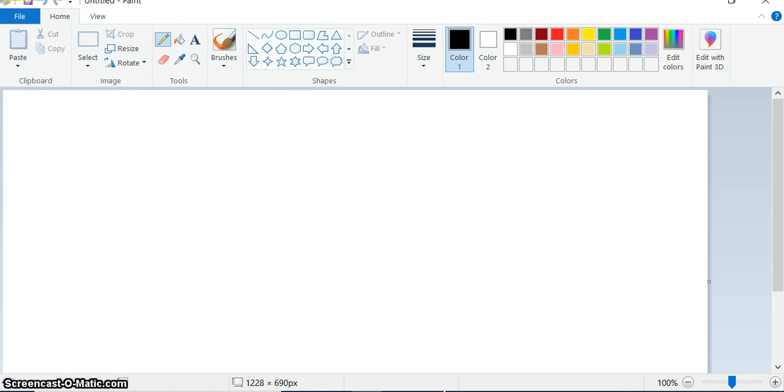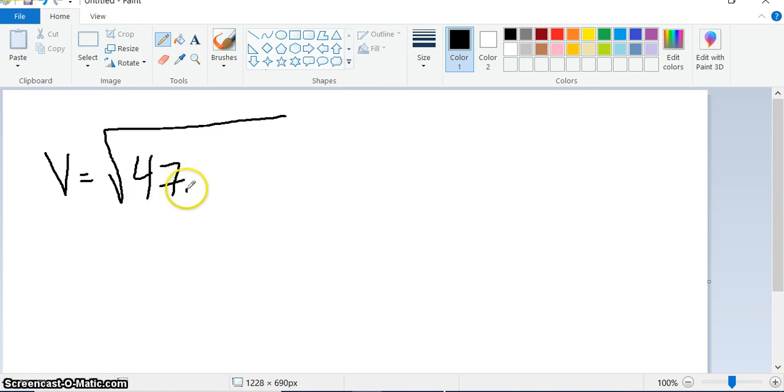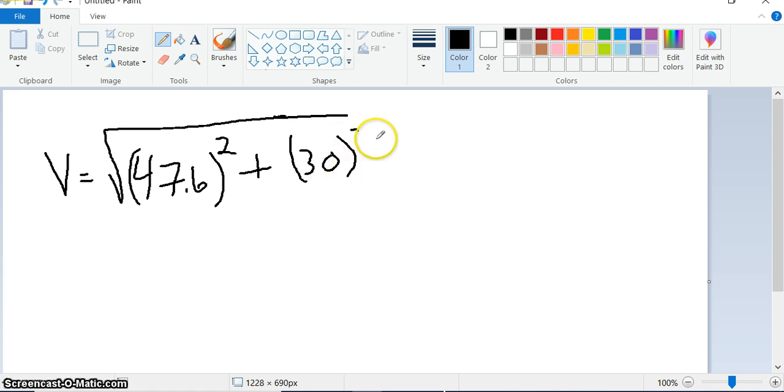The velocity is going to equal the square root of the transverse velocity, 47.6, squared, I'm being lazy and not putting the units, plus the 30 that we just got from the radial velocity, squared.